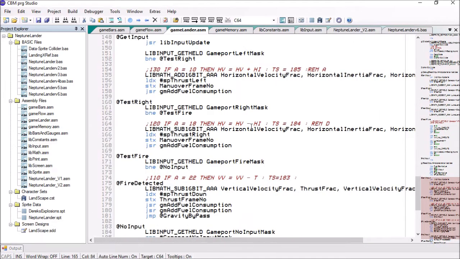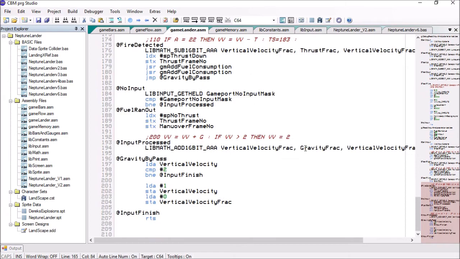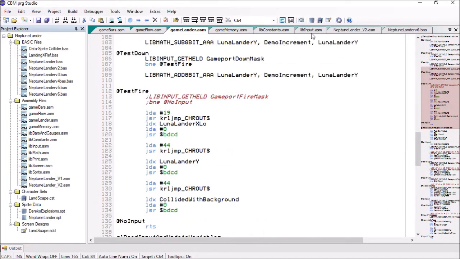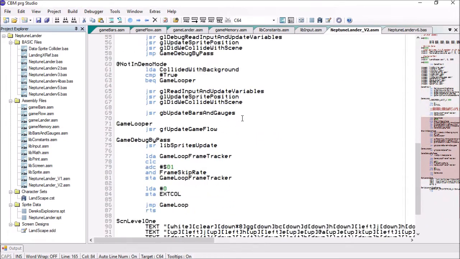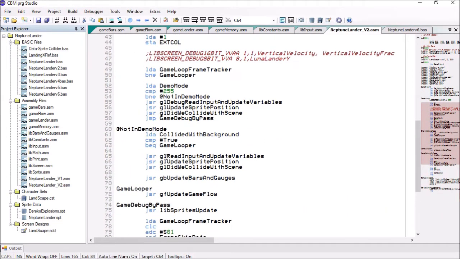In fact, that's not the right place, is it? Because that's gravity. That's updating the inertia value. So where's my updating the X and Y? Read inputs, update sprite position. I bet it's in there.